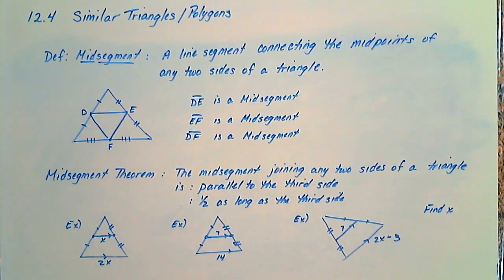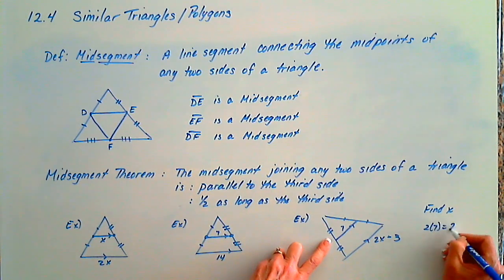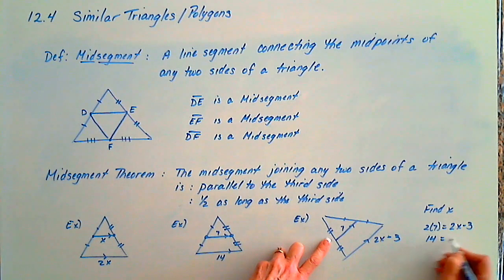Well, some of you will automatically go, well, it's got to be 14. It's got to be twice as long. So 2 times 7 must be the length of the third side, and therefore 14 equals 2x minus 3.